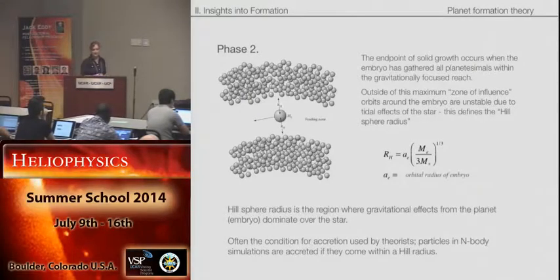And at that point, anything outside the Hill sphere radius is not going to be collected by this embryo. And so you'll hear a condition for accretion that's used by theorists in N-body simulations: if 2 things come within a Hill sphere radius, then in their code, they just make them magically one. That's how they handle the collisions there.